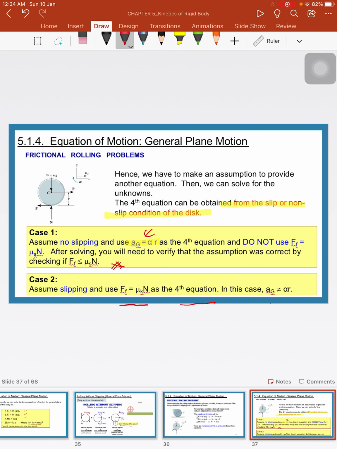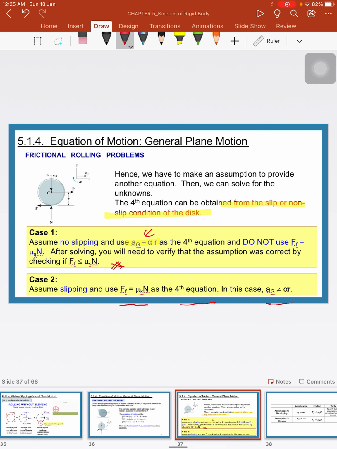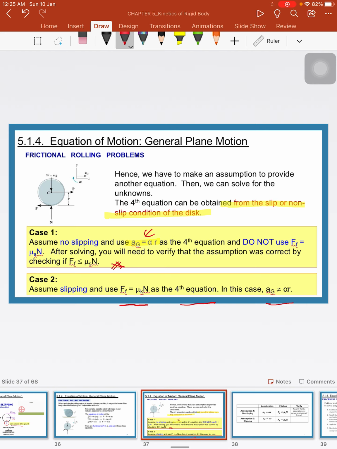So in this case, aG is not equal to alpha R. This is the important part, because you need to assume whether the disc is slipping or not slipping.